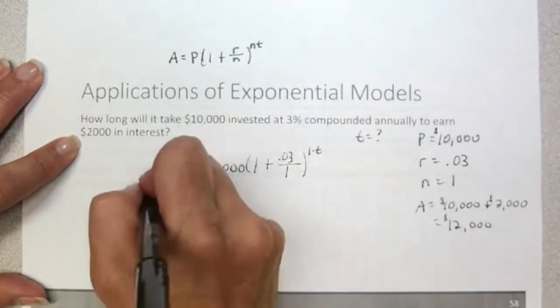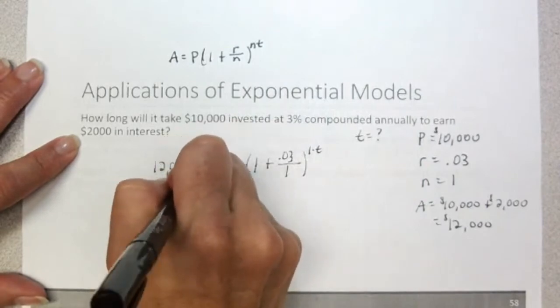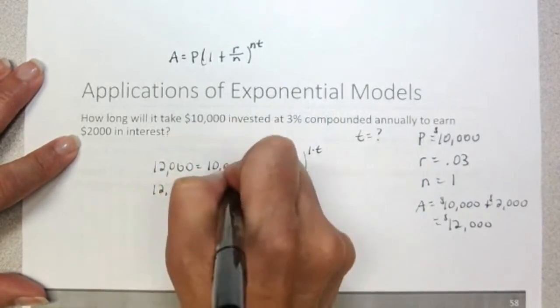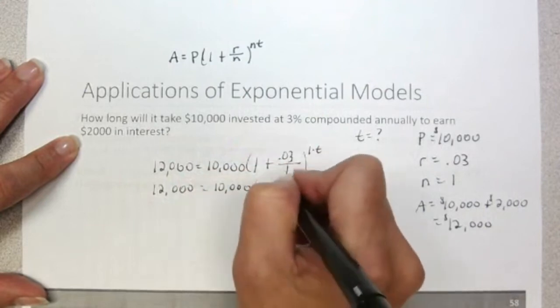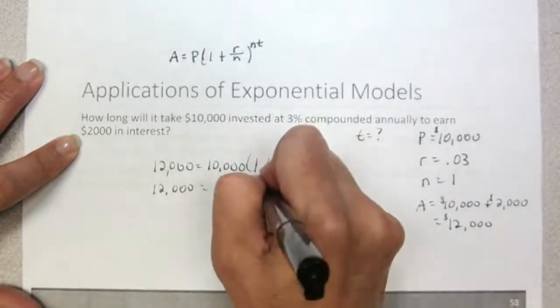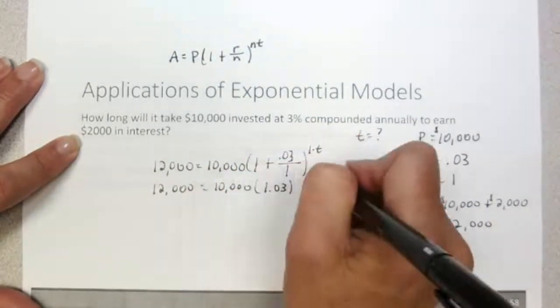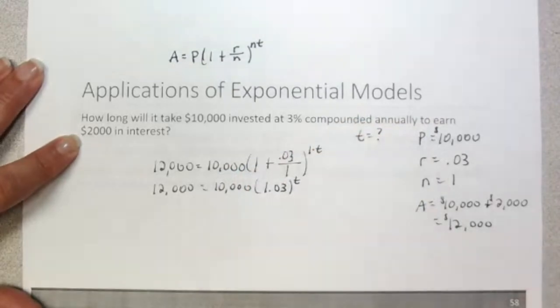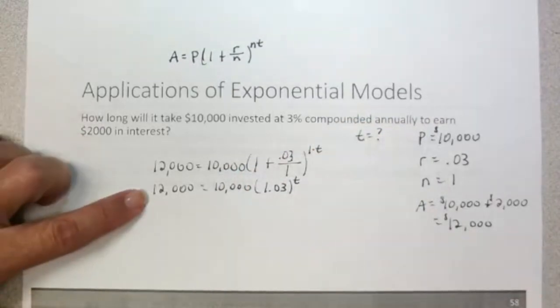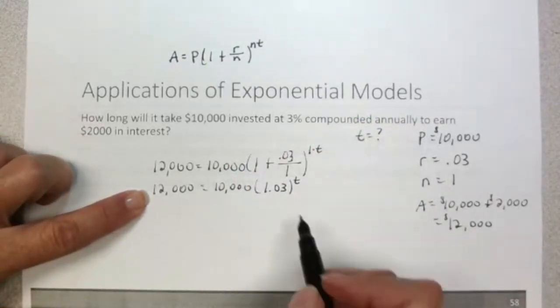All right, let's simplify a little bit. 12,000 is equal to 10,000 times 1 plus 0.03 divided by 1, that's just 1.03, raised to the 1t power, that's just to the t power. All right, there's an exponential equation for us to solve.